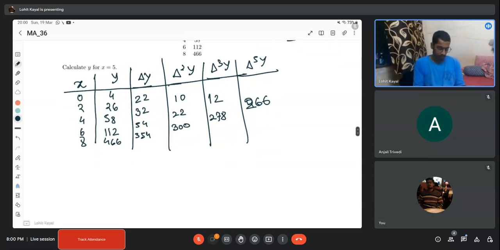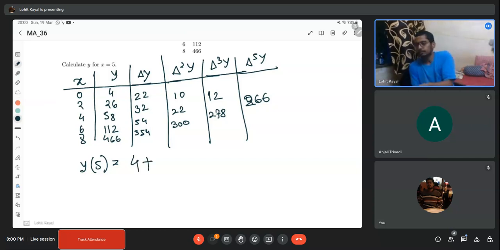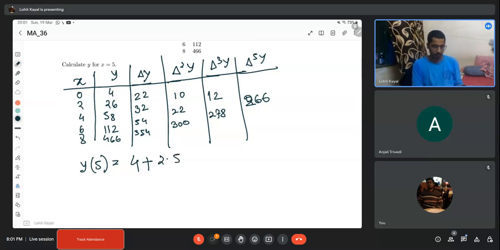Okay, so what will be the result? y5 is equal to y naught, y naught is 4, plus 2.5, that is p, into delta y naught 22, plus p into p minus 1 by factorial 2.